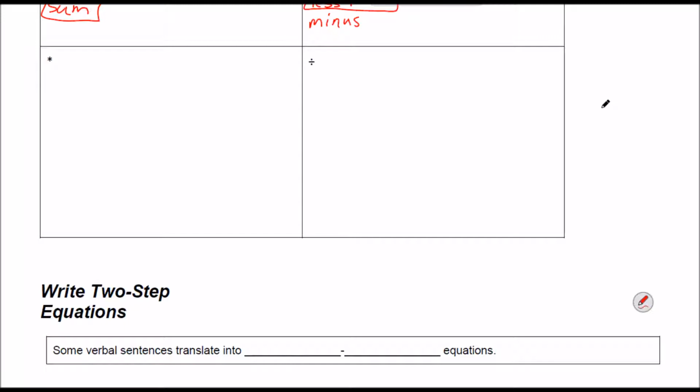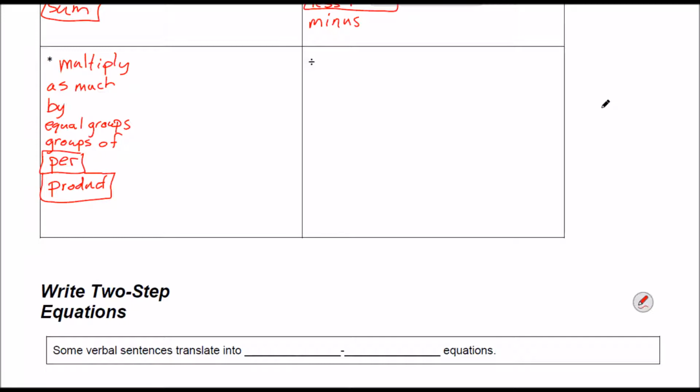So over here on the left side, we have multiply. As much, by, equal groups, groups of, per, P-E-R, it's used fairly frequently, product, that's used a lot, times, and the word of.